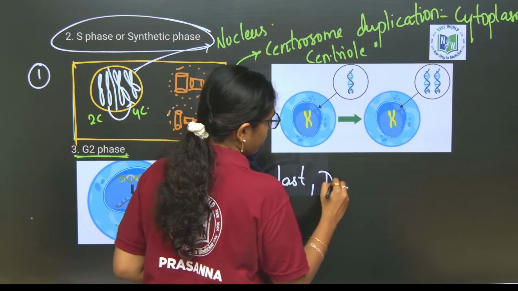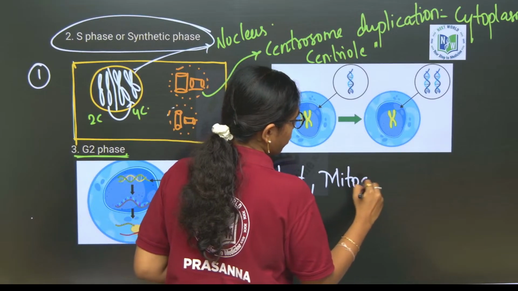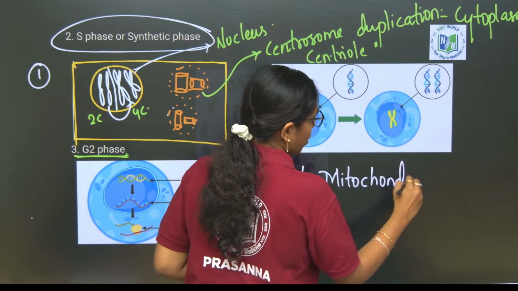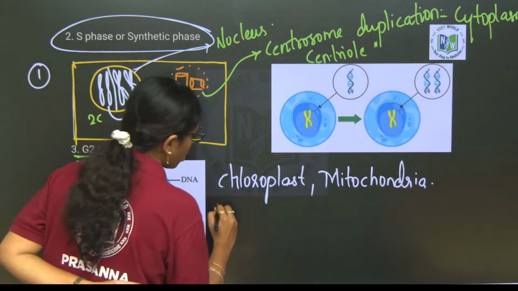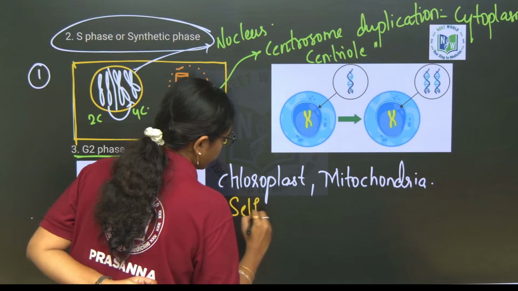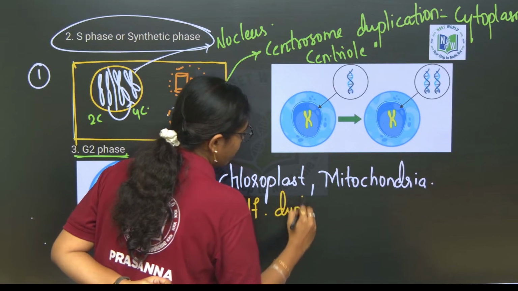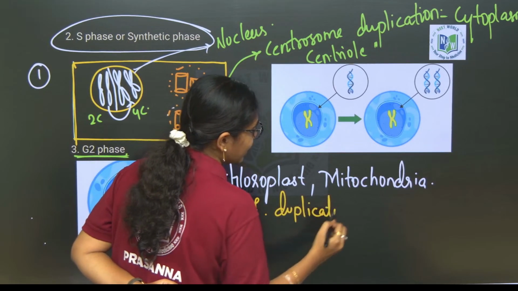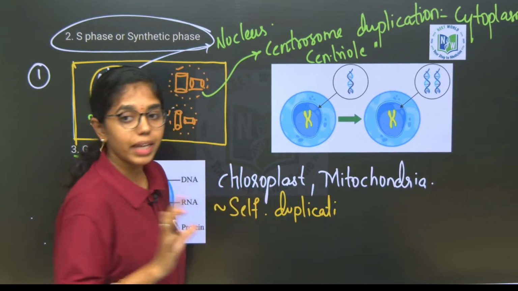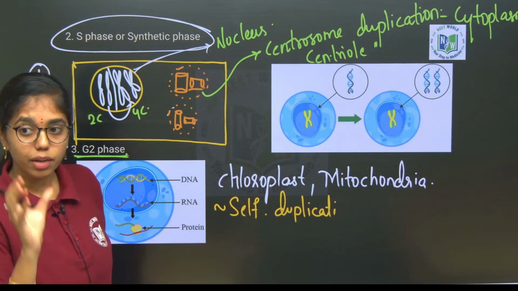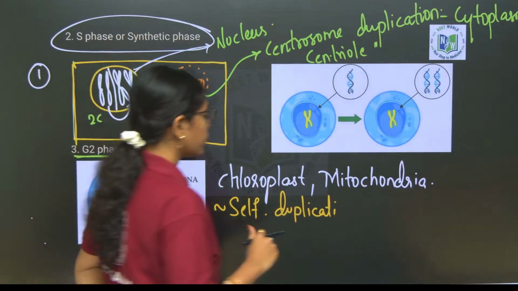Chloroplast and mitochondria. These are self-duplicating or semi-autonomous organelles. They will get doubled in which phase of interphase? G2 phase.